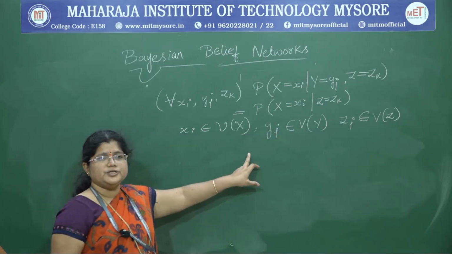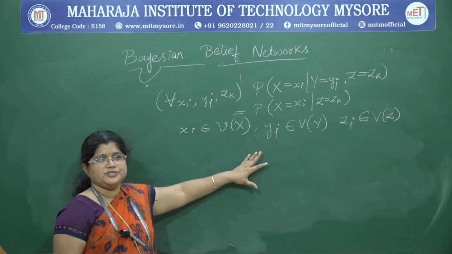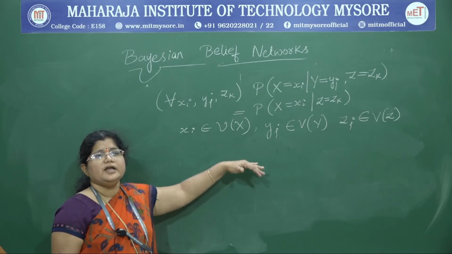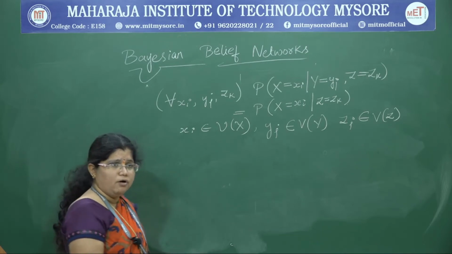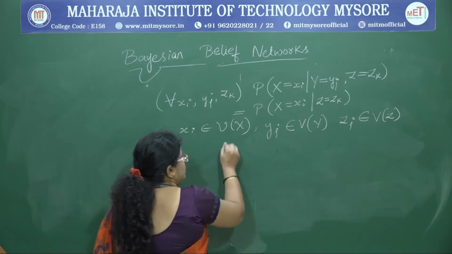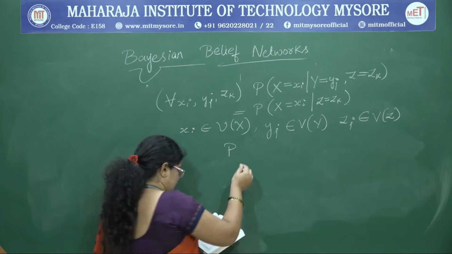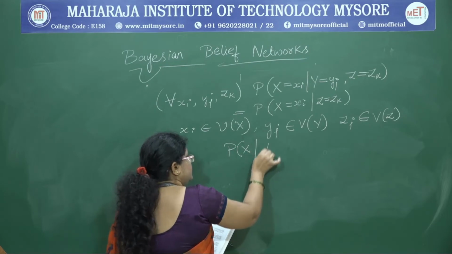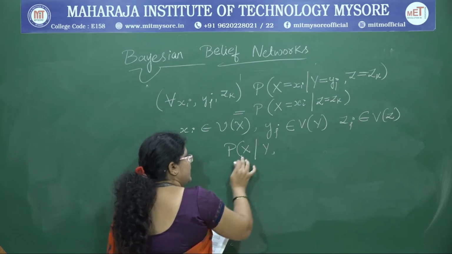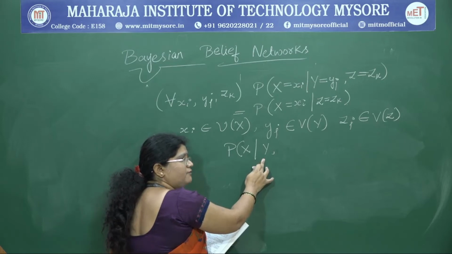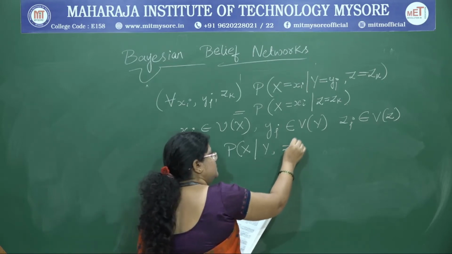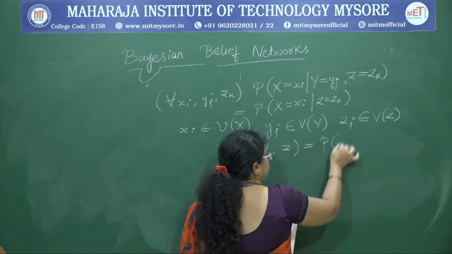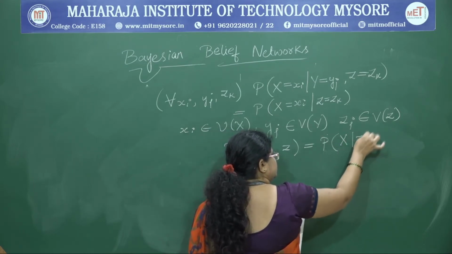This above expression can also be abbreviated as: the probability of x given y and z is equal to p of x given z.